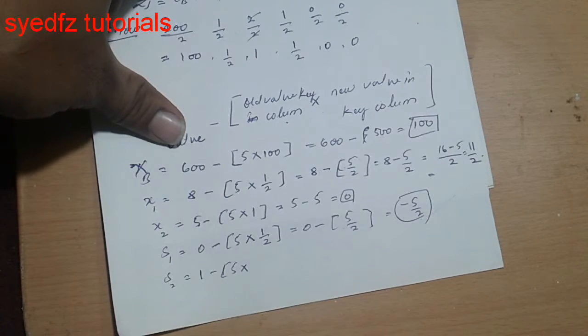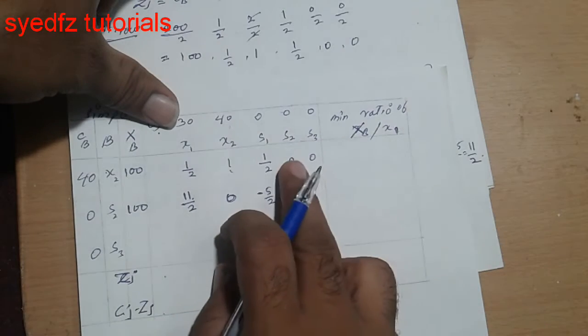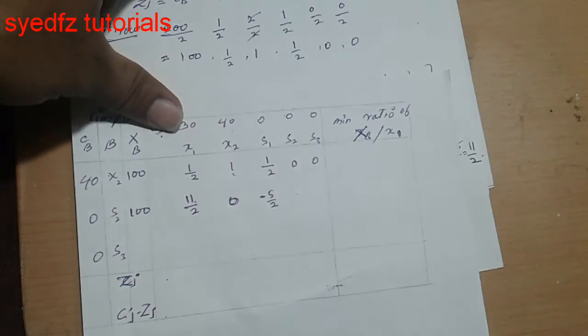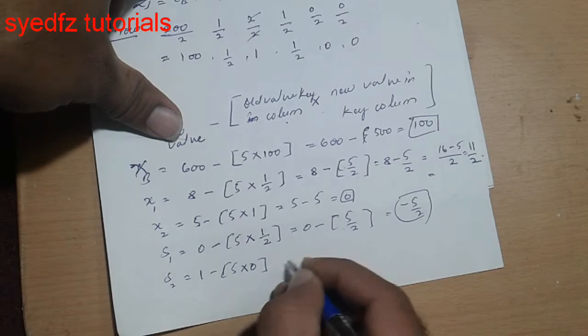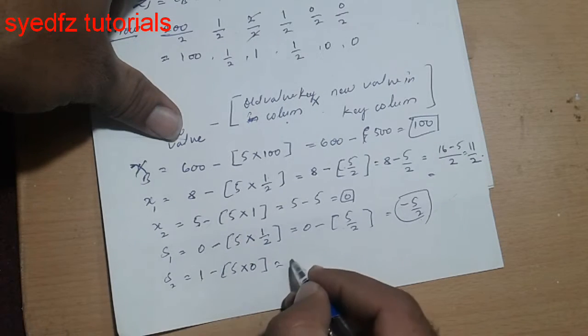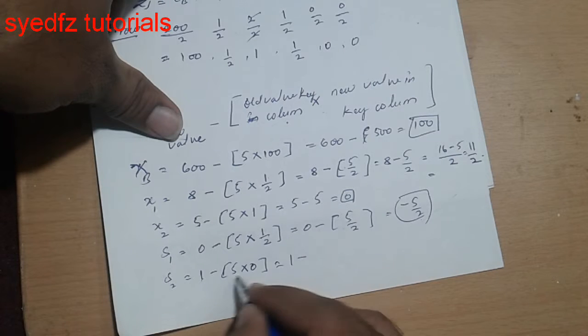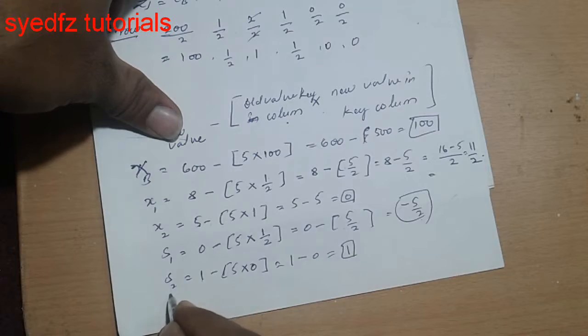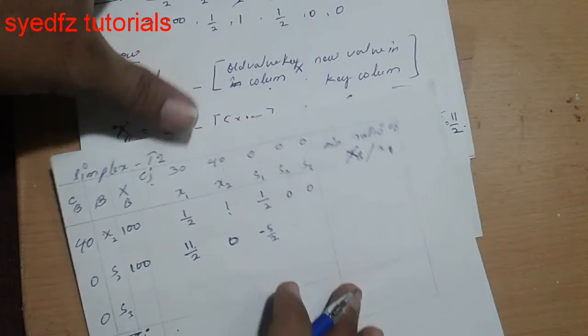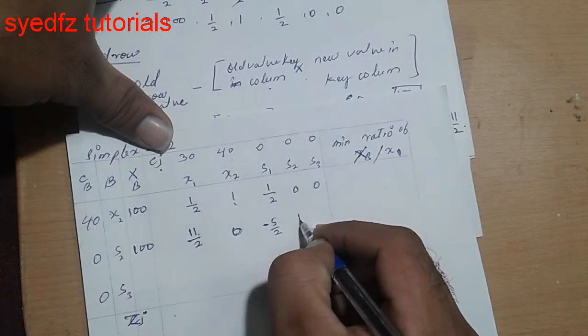What is the new value for S2 in the next table? It is 0. So the 1 remains 1, and this is minus 5 into 0, 0. Answer is 1. For S2 we got 1. Here write 1.